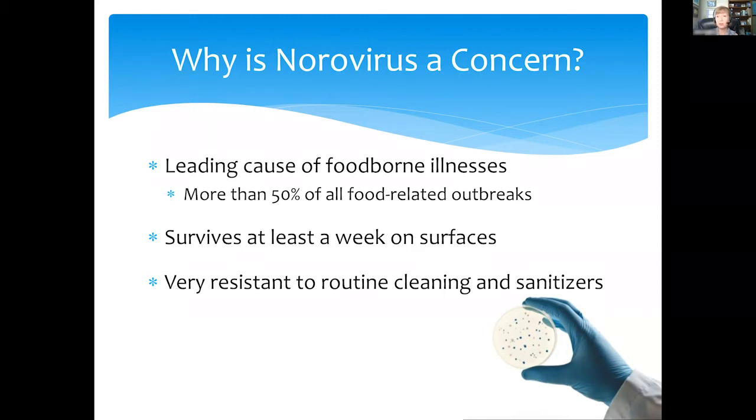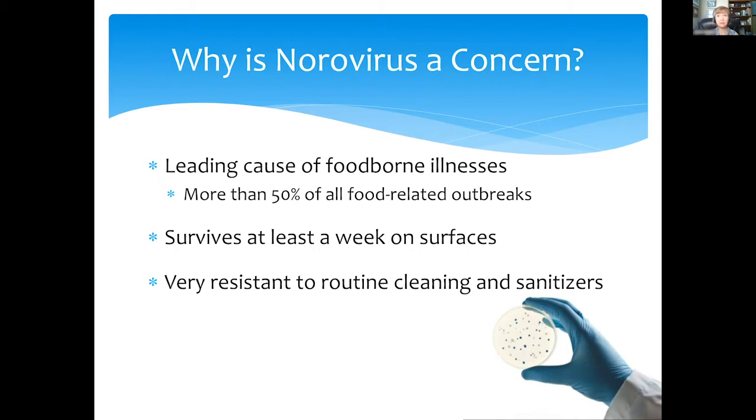So the chemical sanitizers that we use in our kitchens at 50 parts per million to 100 parts per million of bleach and our typical concentration of quat sanitizers are ineffective. Let me say that again, they're ineffective. They do not work against norovirus. So to kill norovirus, instead of that 50 to 100 parts per million of bleach, you would need to use 5,000 parts per million of bleach.